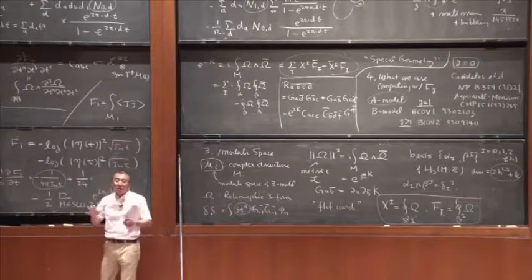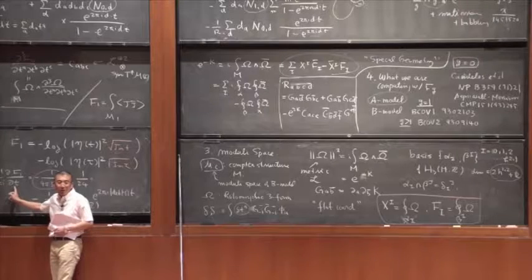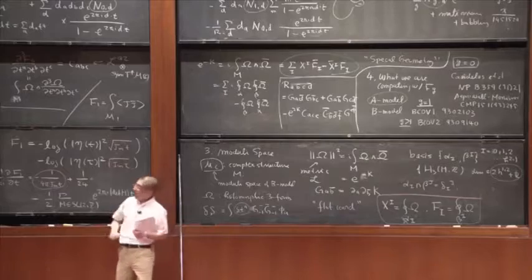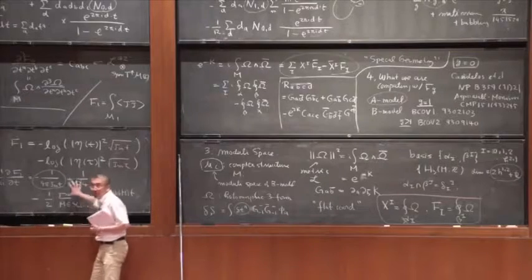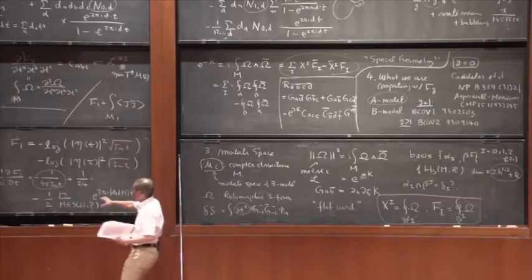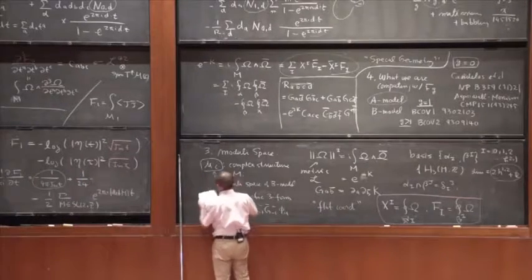But actually, the topological string, more well-defined object is F1 derivative with respect to T, which is related to the torus with one puncture. And that is almost given by holomorphic object on the Kähler moduli space, except for this anomalous piece. Okay?